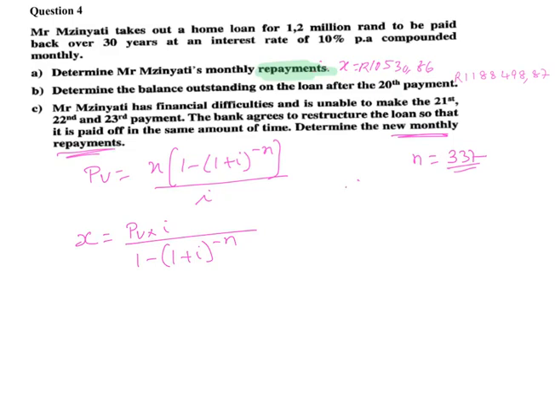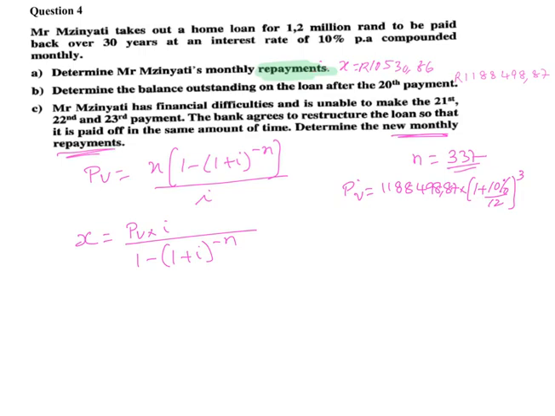What is PV? PV is important here. The bank will apply interest. The bank says, okay, you can repay, we will not take any legal action for not repaying, but we will apply interest. Therefore, the bank will apply interest for 3 months, for the number of installments that were skipped.